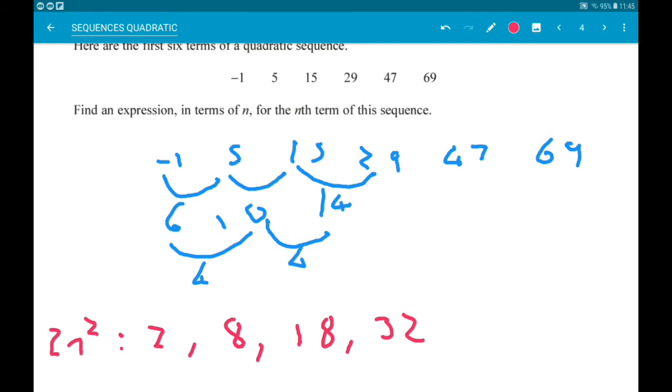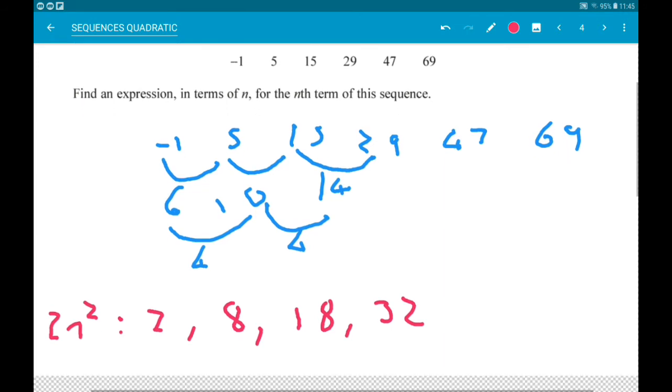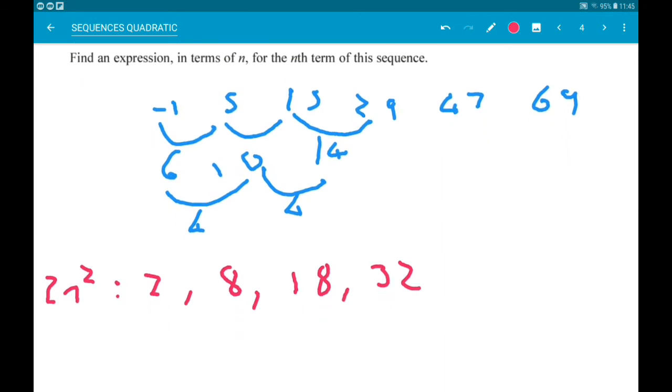Okay, so now we take the quadratic part out of the whole sequence to get the linear part. So we are now doing minus 1 minus 2. So that's going to give us minus 3.